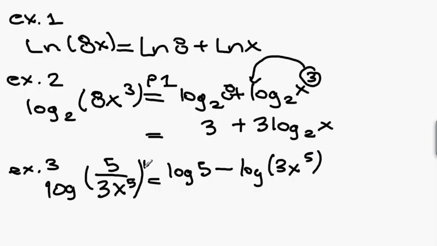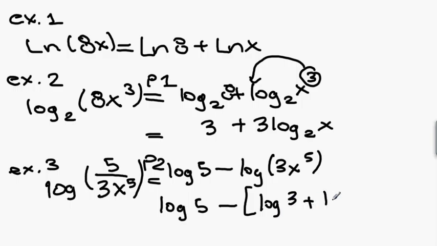And this is using property 2. Now, the next thing we're doing, we're going to have log of 5 minus, we're going to change this to log of 3 plus log of x to the fifth. And this is based on property 1.